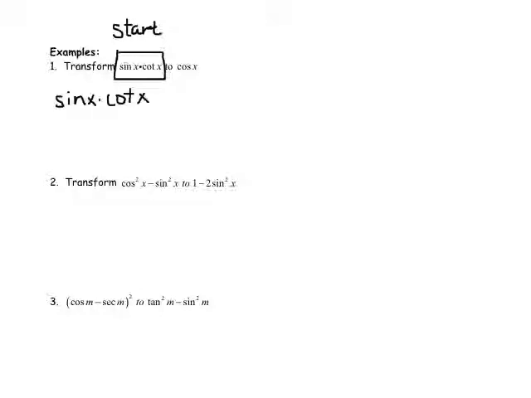And since I'm trying to end with just a cosine x, then I really probably only want to see sines and other cosines. So what my first step is going to be is to say, well, sine x, that's a pretty friendly trig. We know a lot about sine. But cotangent x, I'm not that familiar with. I would rather see cotangent in terms of sine and cosine.